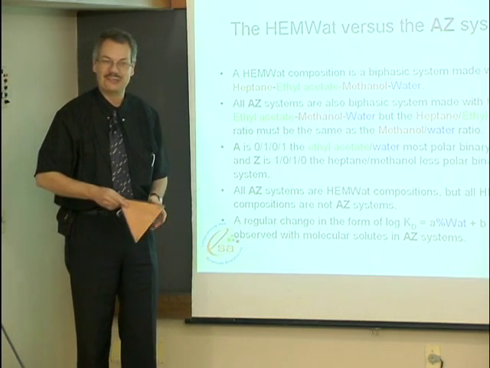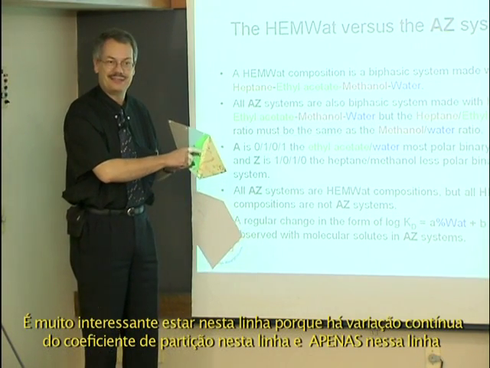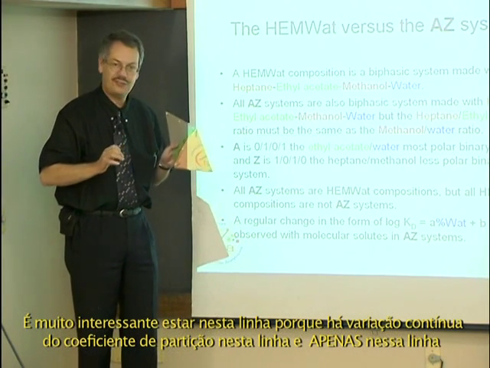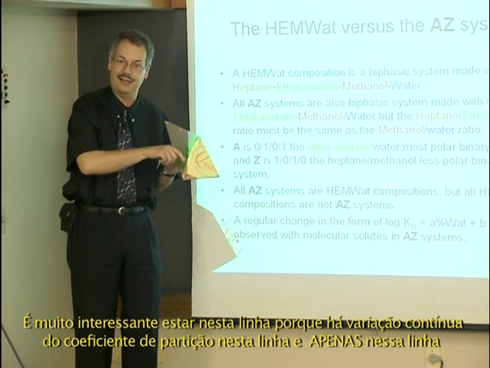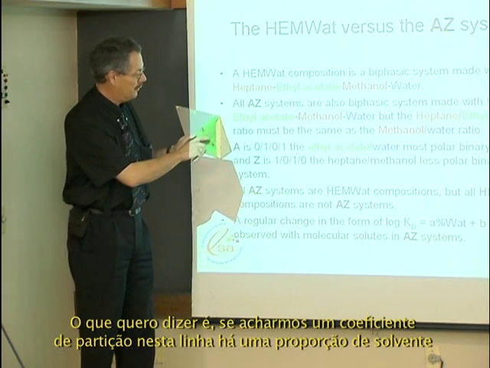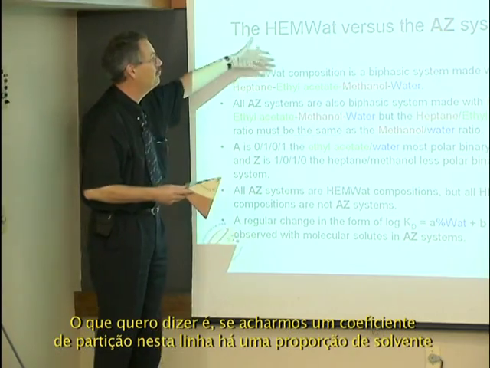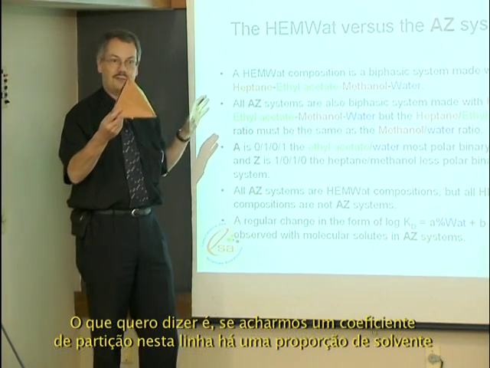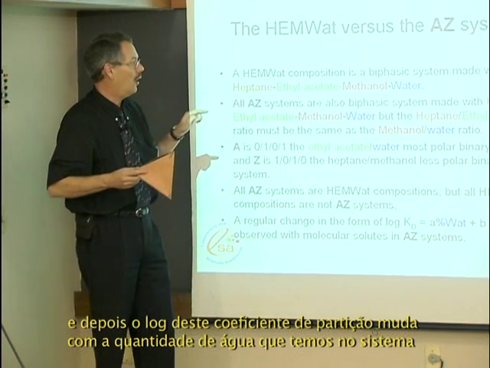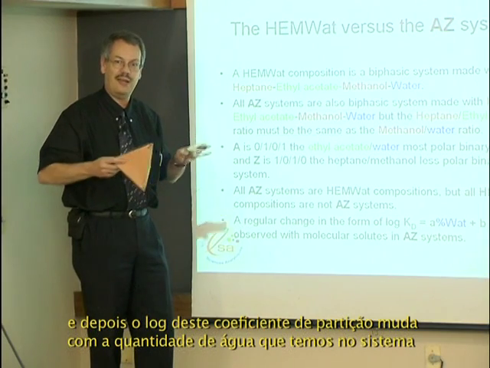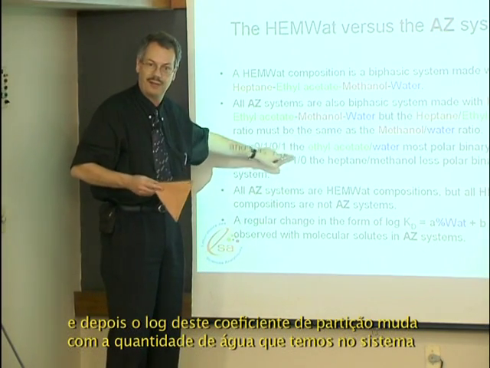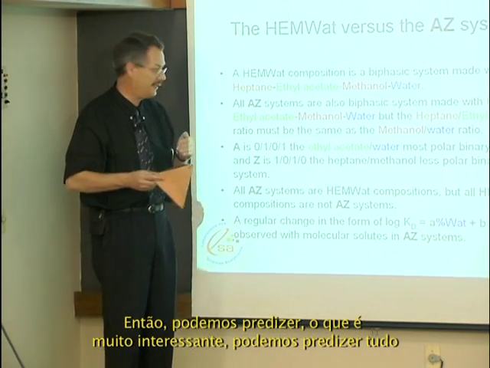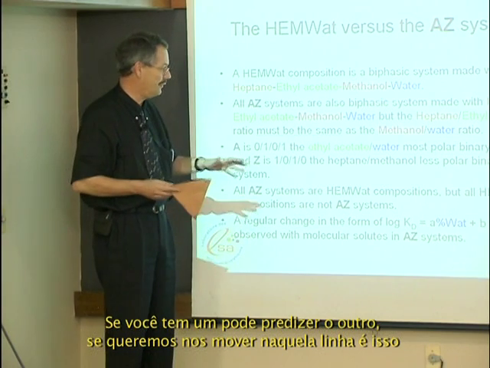It's very interesting to be on that line because we have continuous change in partition coefficient, only on that line. If you find the partition coefficient at one point B, C, D on this series of proportions of solvent, then the log of this partition coefficient changes with the amount of water you have in the system. So you can predict. That's very interesting. If you have one, you can predict the other.